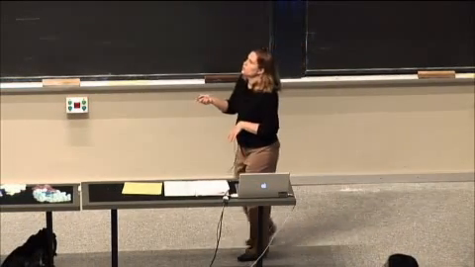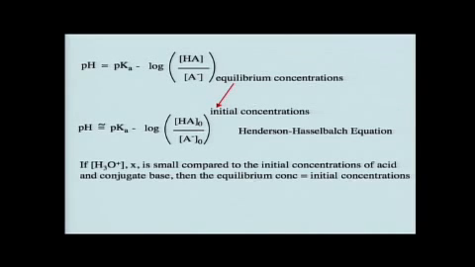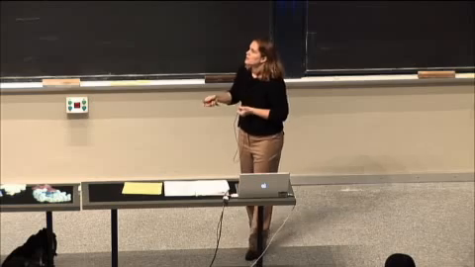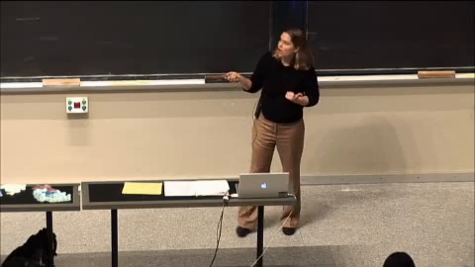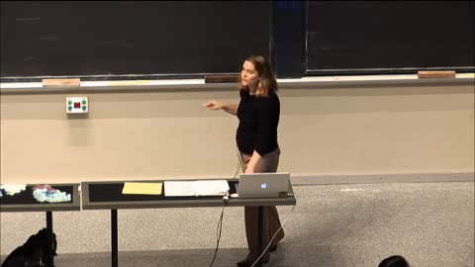That's true when X, which in this particular example is your hydronium ion concentration, is small compared to your initial concentration of the acid and the conjugate base that you added to the buffer. When X is small, pretty much the equilibrium concentration equals the initial concentration. So there's not really very much change if X is a really small number.